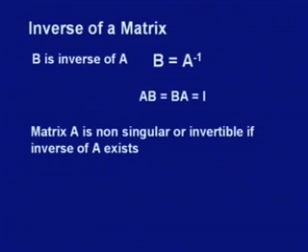It may not exist for all matrices, because first, A has to be a square matrix, only then are AB and BA possible. Even if it is a square matrix, the product may not be possible, or the product may not be identity. So, for every matrix you cannot find such an inverse B. Those classes of matrices for which you can find the inverse are invertible matrices, or non-singular matrices.